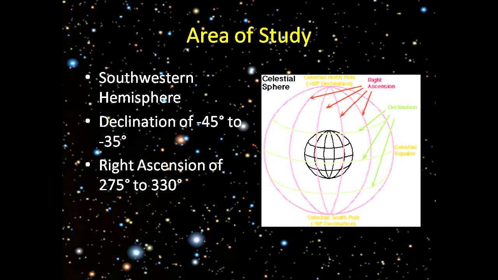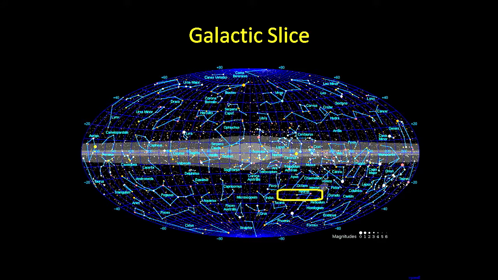Declination can be thought of as a celestial latitude, whereas right ascension can be a celestial longitude, to give you a familiar perspective. Here we have the celestial sphere with its constellations, and that little yellow rectangle is the subset that I particularly focused on.